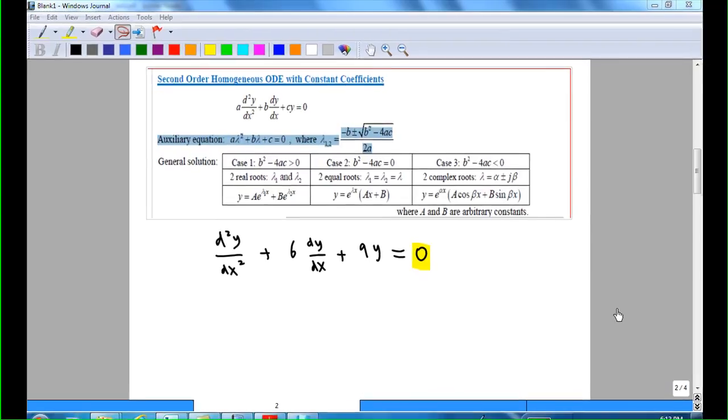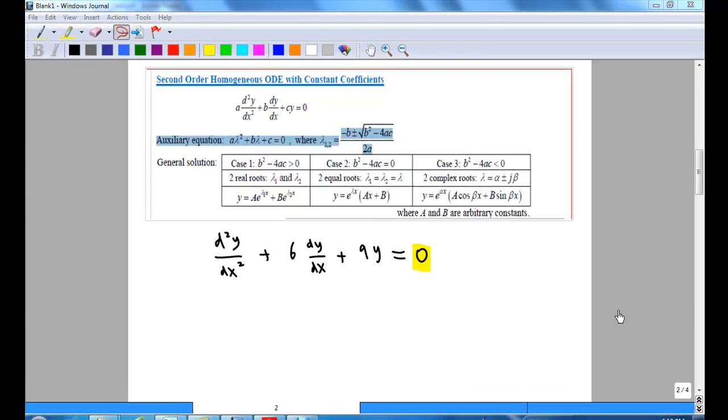Then we compare with the formula card on page 3, second order homogeneous ODE with constant coefficients. We find that A is equal to 1 because this is 1 times d²y/dx².